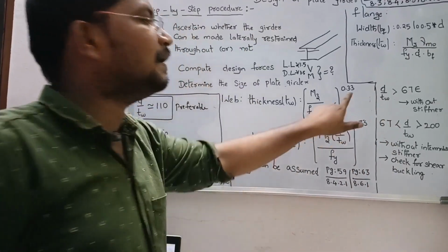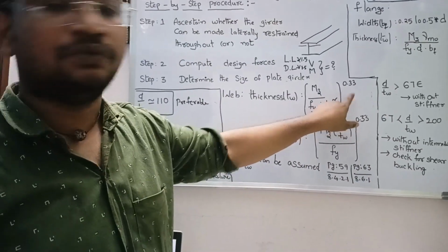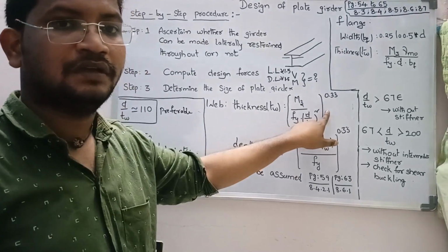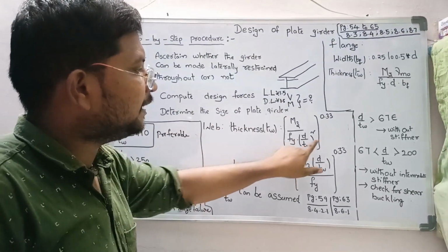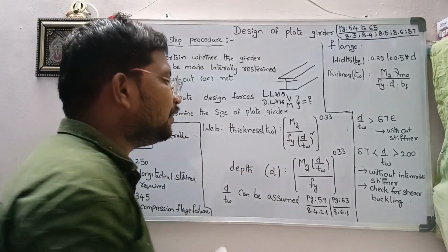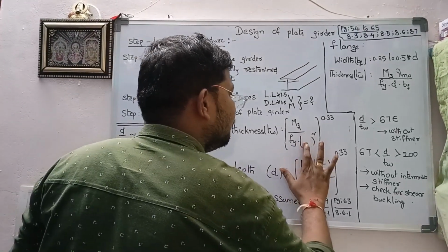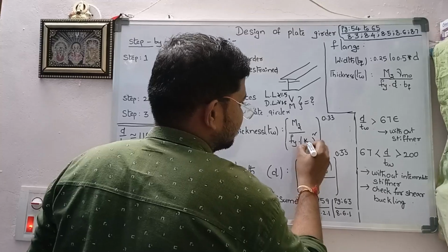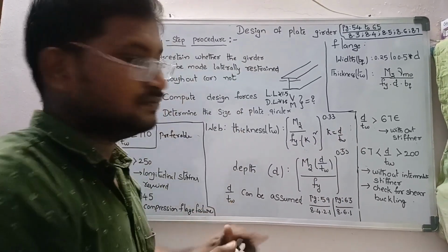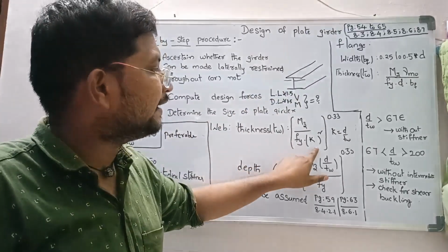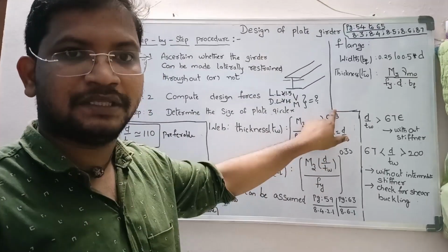You need to remember this formula. Mz by fy, d by tw square, or you can make it k, where k is d by tw. Simply you can remember it now: tw equals (Mz by fy k square) power of 0.33.